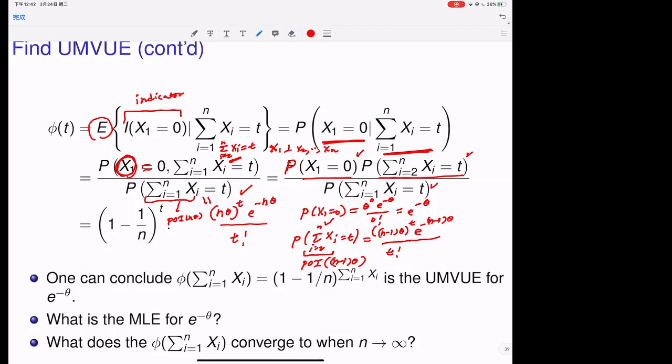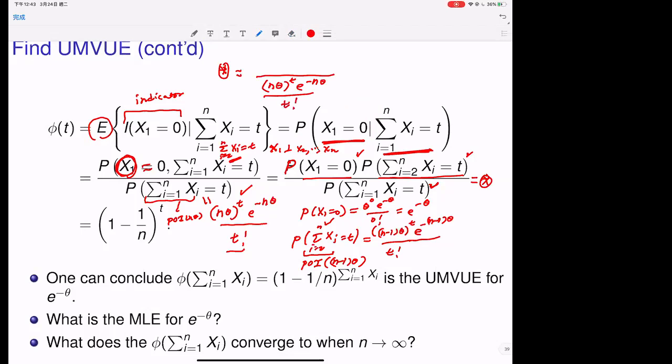So this guy right here equals what? I do have this probability: it's n theta to the t, then exponential of minus n theta, divided by t factorial.